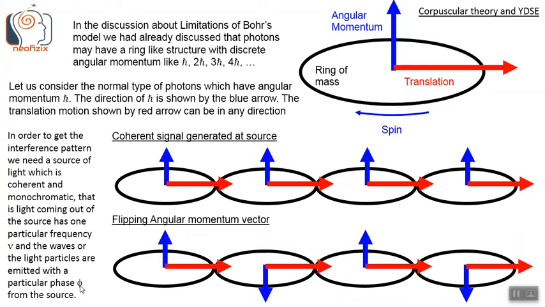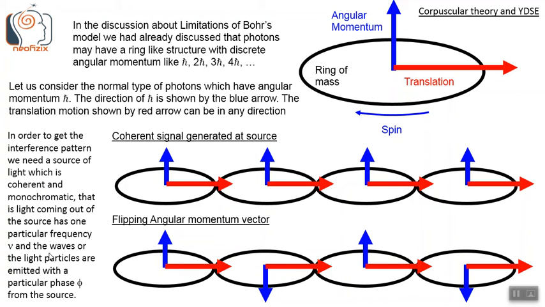So all the particles emitted by this light source should be emitted with a particular phase from the source. So then they can be called coherent. So not only the rate of the frequency, the rate of oscillation or the rate of spinning should be the same, the phase or the orientation of the spin must also be maintained by the source. So that is the meaning of coherent and monochromatic.